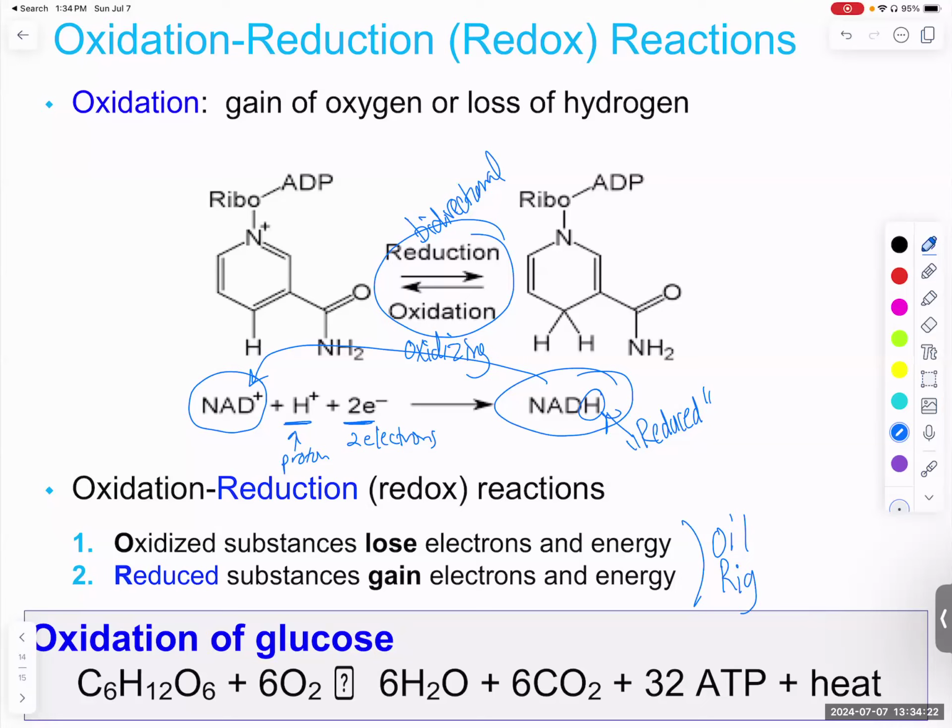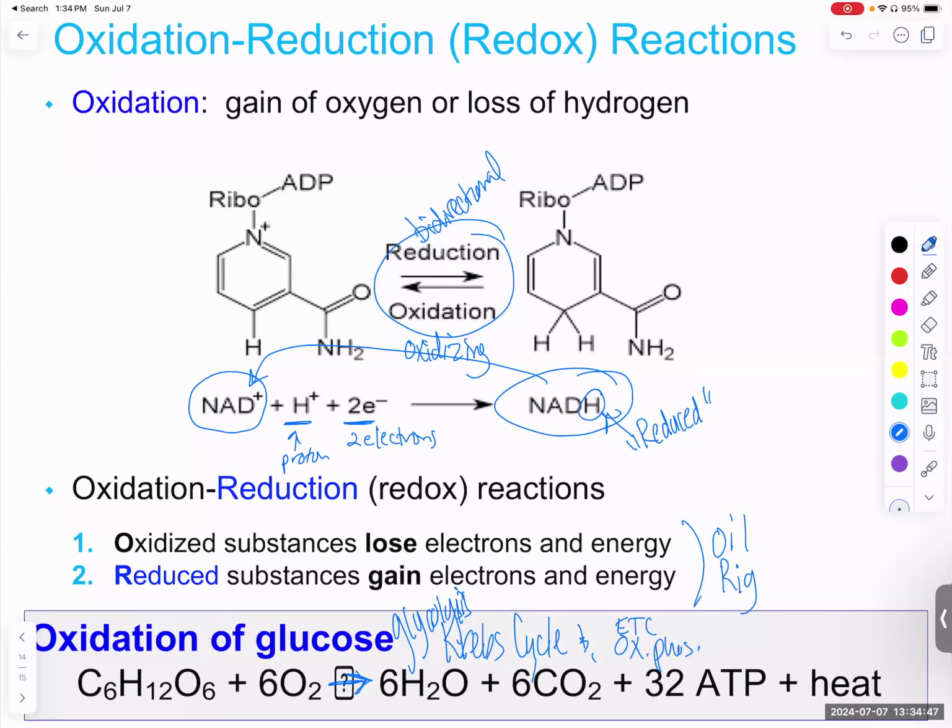And we are going to talk about this extensively when we talk about the Krebs cycle, but also glycolysis, and to a lesser extent, the electron transport chain and oxidative phosphorylation. This is how we're transferring energy.